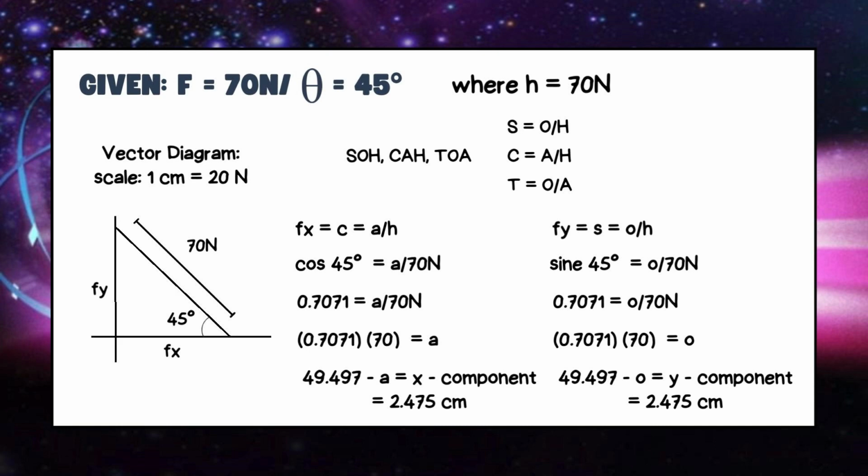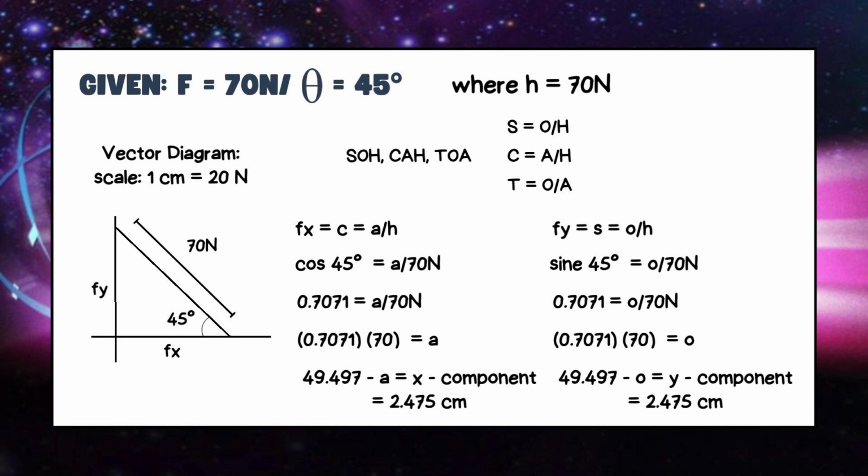Sine is equal to opposite over hypotenuse. So, katulad kanina, sinubstitute lang natin. So, sine 45 degrees, type ulit natin sa calculator, ang lalabas ay 0.7071. Tapos, sa kabila naman, o, kasi yung hinahanap natin yung opposite yung nawawala. So, ang baba naman ay, katulad kanina, meron na tayong hypotenuse which is 70.